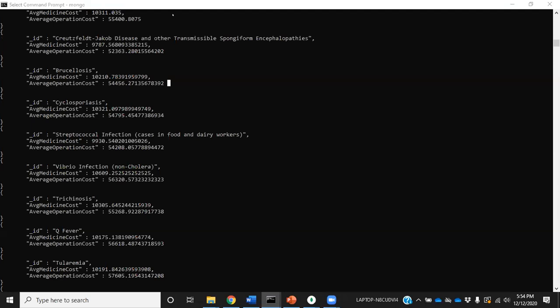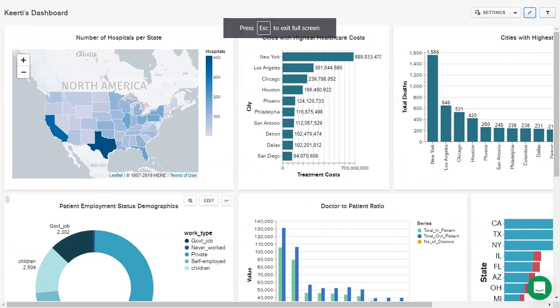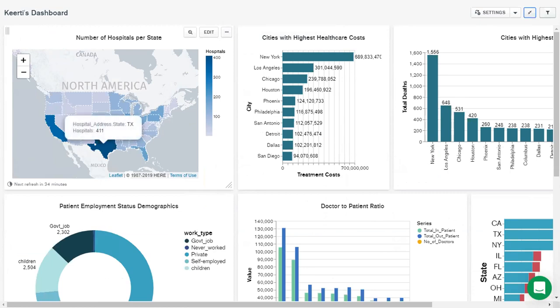Hi, everyone. I will be walking through some of the insights that we created on Mongo Charts to conclude our analysis. This is the dashboard that we created. Here, the map chart demonstrates the number of hospitals in every state. We can see that Texas has the most hospitals, closely followed by California.